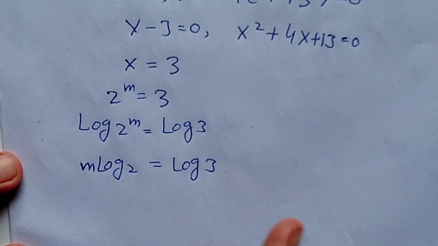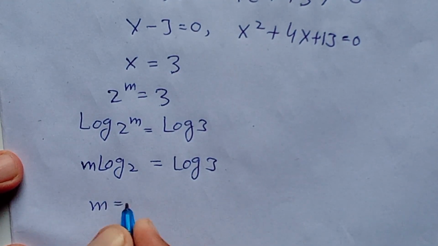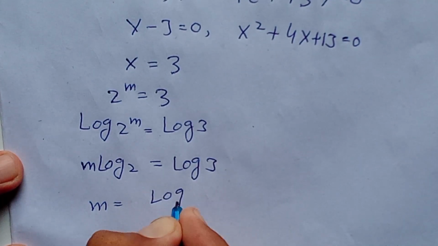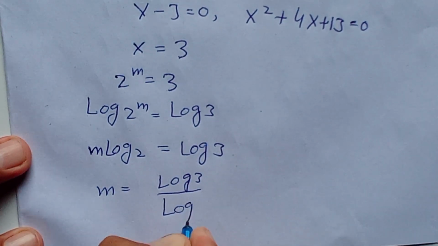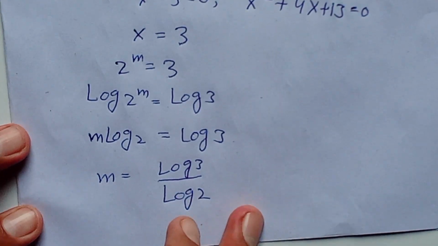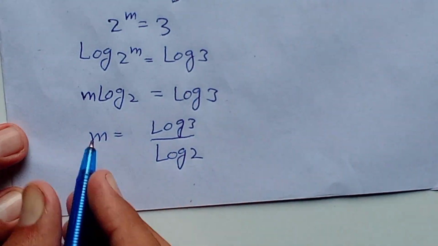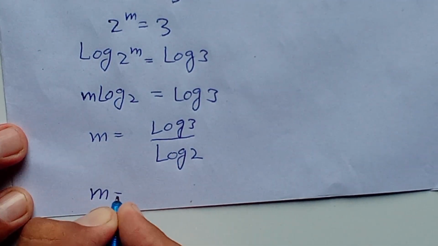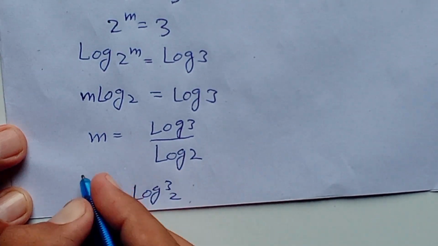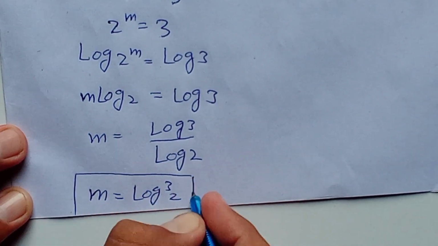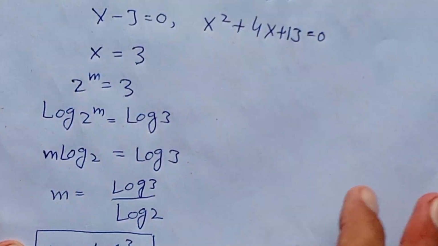Now m is equal to log 3 divided by log 2. Finally we can write m is equal to log base 2 of 3. Guys, this is the final value of m.